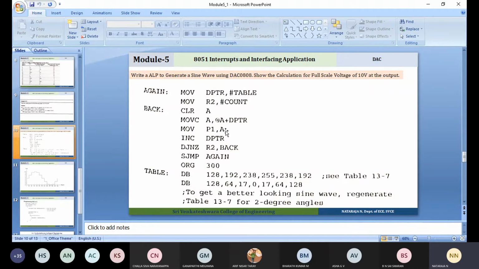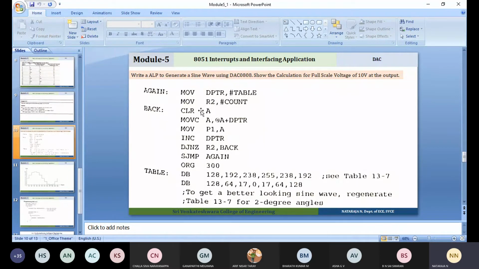Now MOV P1, A. We are going to use port 1 here. Whatever data is in the accumulator, I am going to load it in port 1. Now INC DPTR, incrementing the DPTR. After that, DJNZ R2, BACK. Decrement and jump if not equal to 0: R2 is 13, initially, now it will be 12, so it will not be equal to 0, and it goes back.